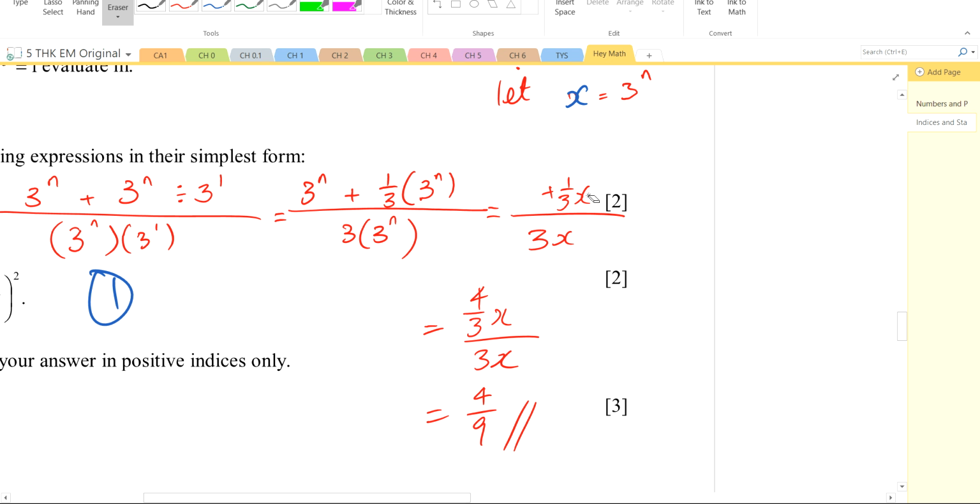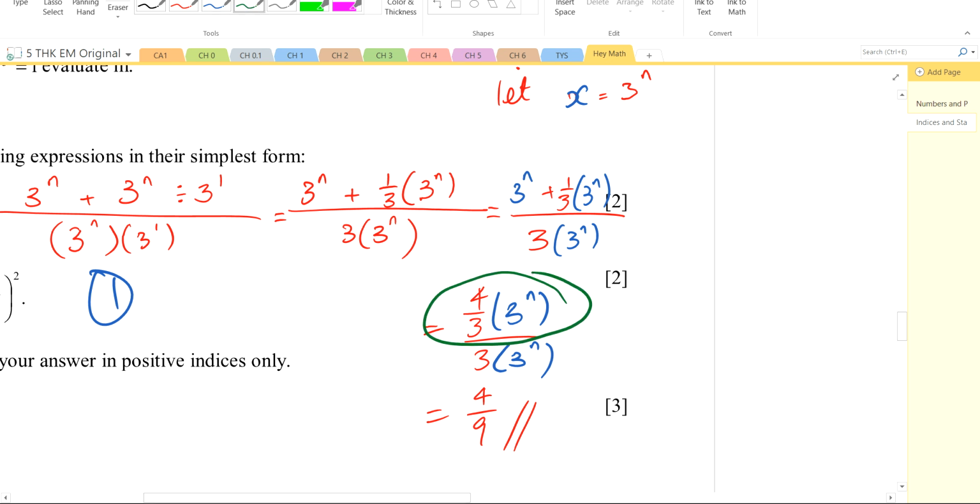All the x are changed back to our 3 to the power n. Then this will be 4 over 3 of 3 to the power n divided by 3 of 3 to the power n. It's the same thing, just that I'm afraid you will make careless mistakes over here. Then you start thinking you can divide by 3 or something.